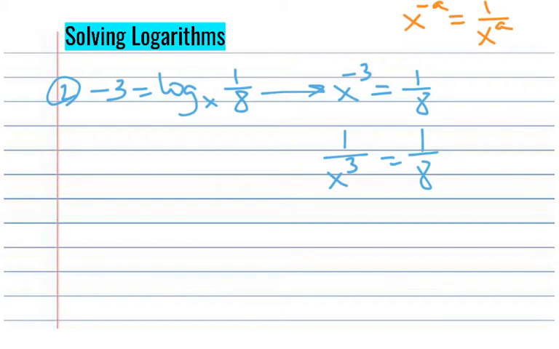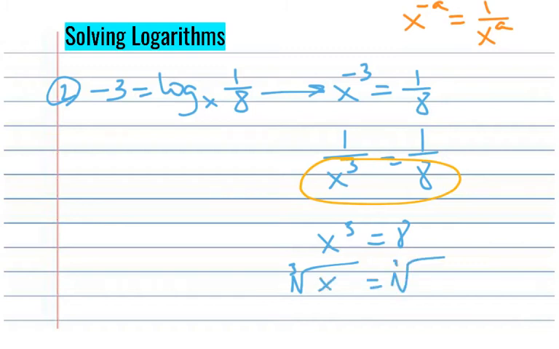So I'm ultimately just going to look at my denominators, and x to the third equals 8. I can take the third root of each side, which equals the third root of 8, and I know that that is going to be 2, right? 2 to the third, or 2 times 2 times 2, is going to be 8.